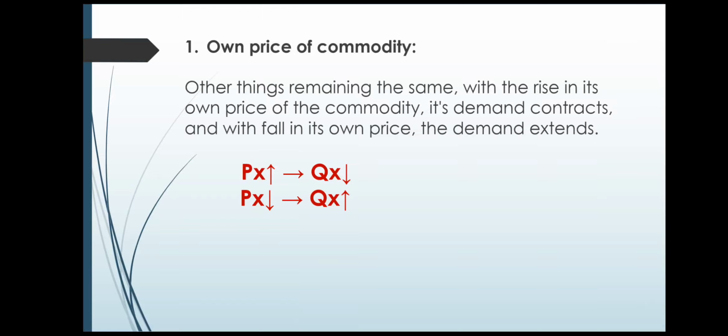It means that all the other determinants are expected to be same, and when all those are same, whenever there is a rise in price of a commodity, its quantity demanded falls, and whenever there is a fall in the price, quantity demanded or demand increases, it extends.